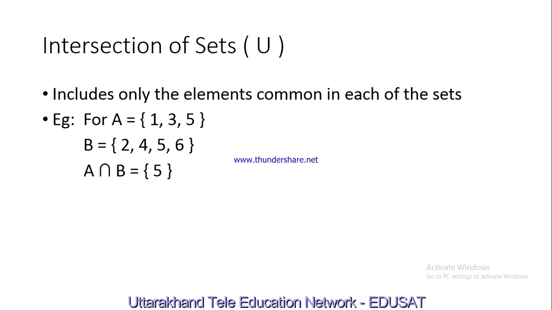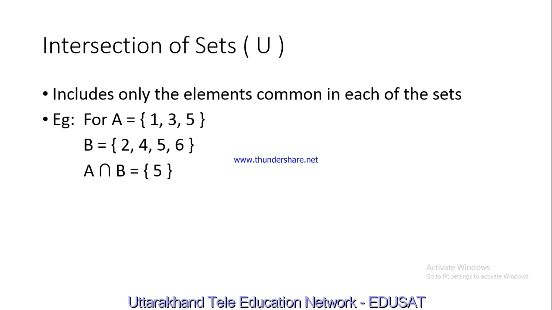Now A is equal to {1, 3, 5}. It has got three elements, while B is equal to {2, 4, 5, 6}. It has got four elements. What is A intersection B? Now what is the symbol of A intersection B? Intersection symbol is inverted U, as you can see here in line 4, A intersection B, and the A intersection B is nothing but the element which is common to both A and B, which is 5, and that is why A intersection B has been shown as 5.